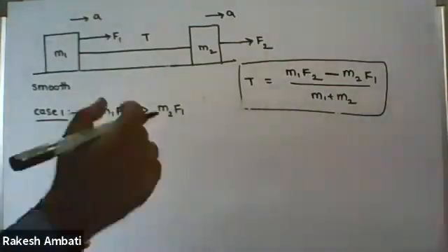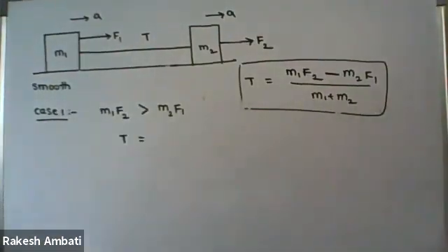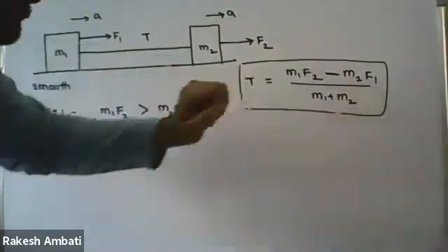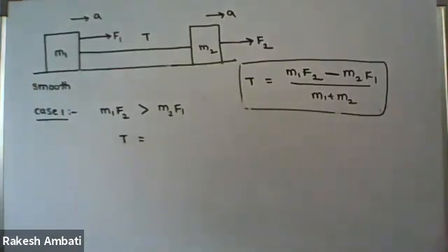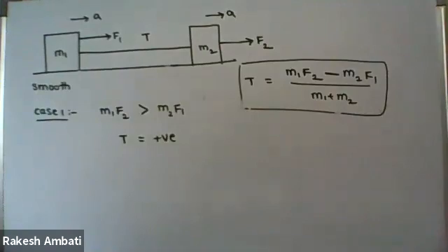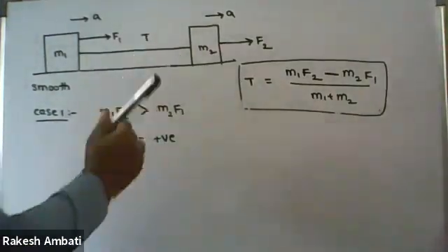It becomes positive or negative or 0. This positive M1 F2 is greater than the negative value, so tension force in the string becomes positive.